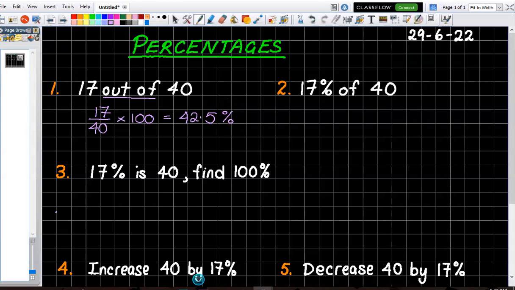What if it is "of"? Both have got "of"s, but one is "out of", one is "of". So in mathematics, "of" means times. I can't write 17%, I want to pop it as a decimal. How do I change a percent to a decimal?